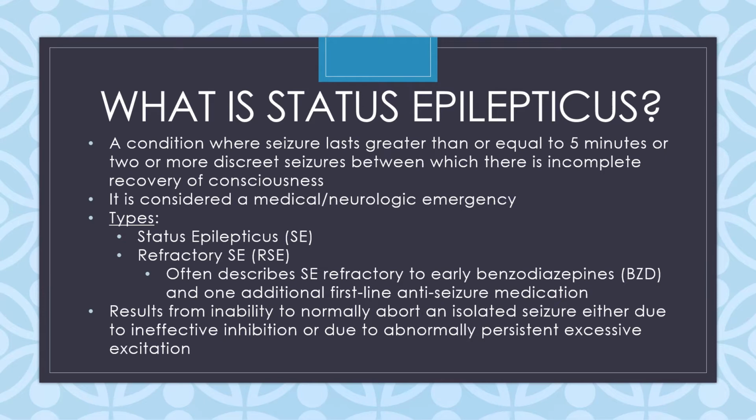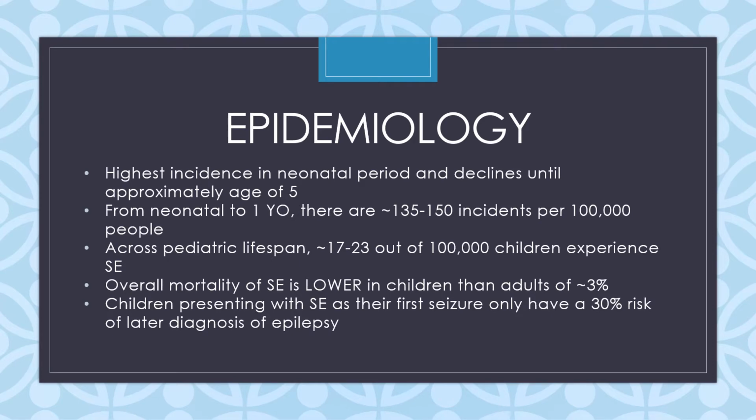In terms of pathophysiology, it results from inability to normally abort an isolated seizure, either due to ineffective inhibition or due to abnormally persistent excessive excitation. In terms of prevalence, the highest incidence is seen in the neonatal period and declines until approximately the age of 5.